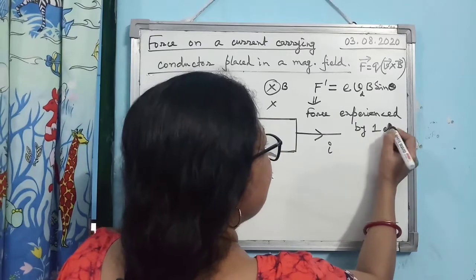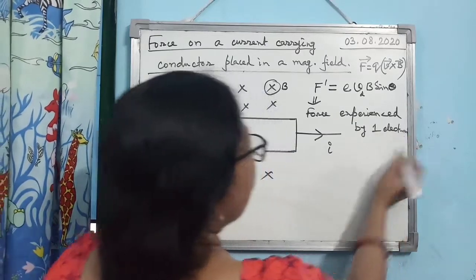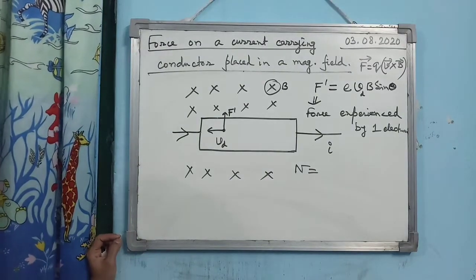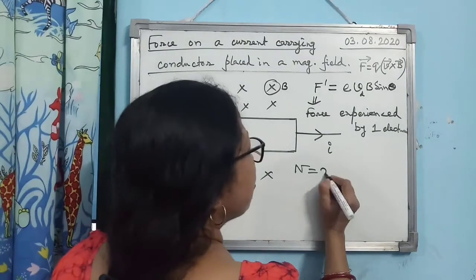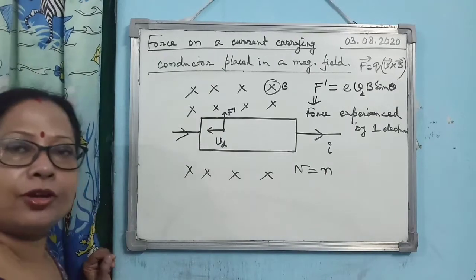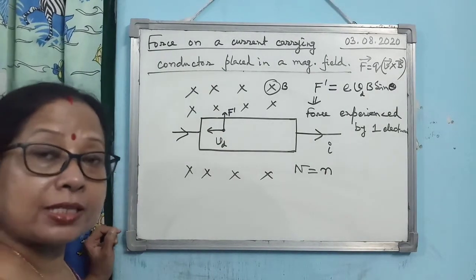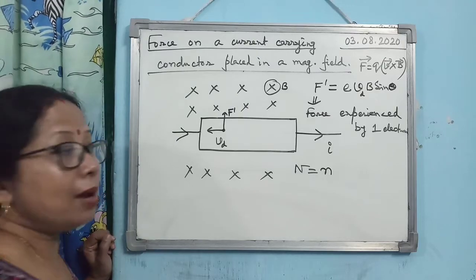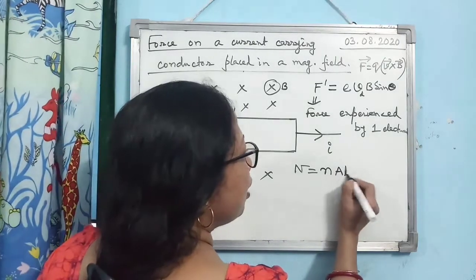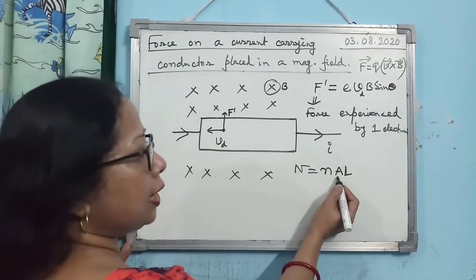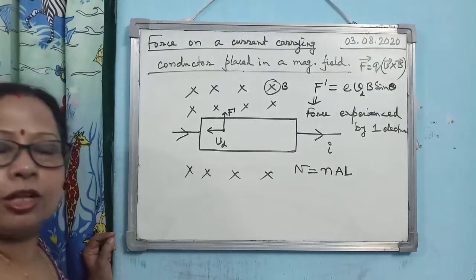by one electron. Alright. Now, what is the total number of electrons present inside the conductor? How can you find out? If you consider N to be the concentration of electrons, concentration of electrons means electrons present per unit volume, multiplied by the volume of the conductor. So how can you get the volume of the conductor? Cross-sectional area multiplied by length of the conductor.